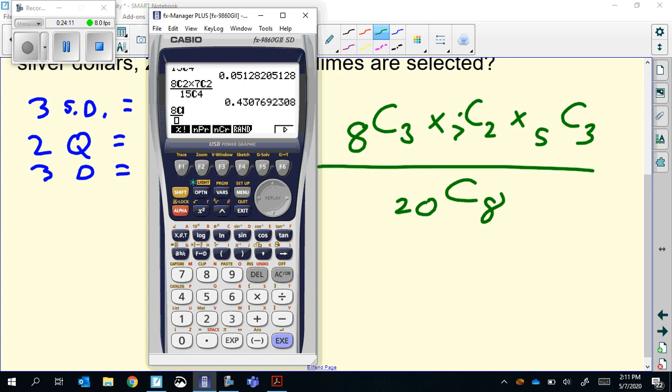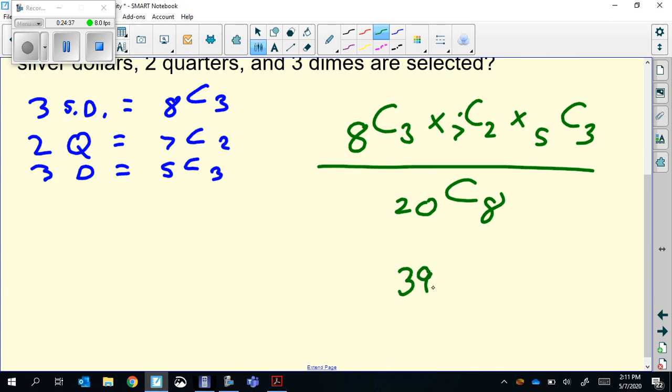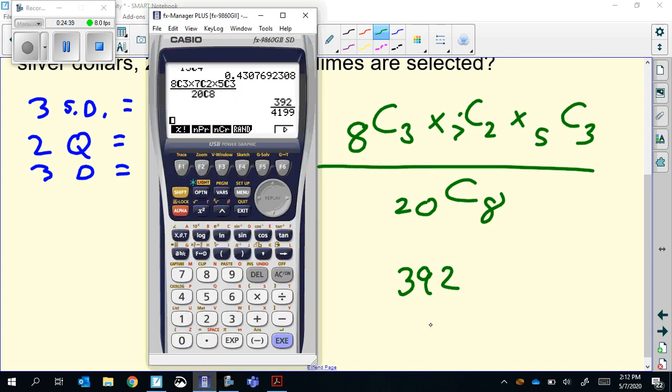8C3 times 7C2 times 5C3 over 20C8. 392 out of 4199.